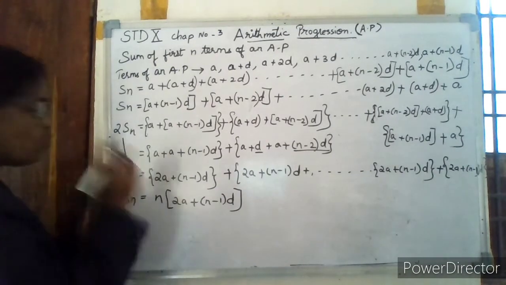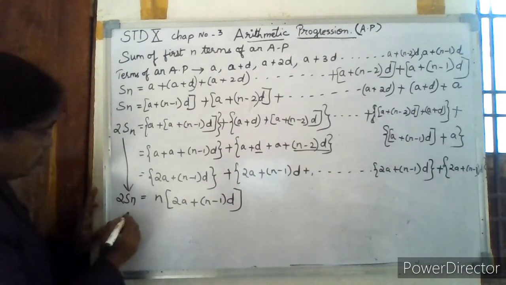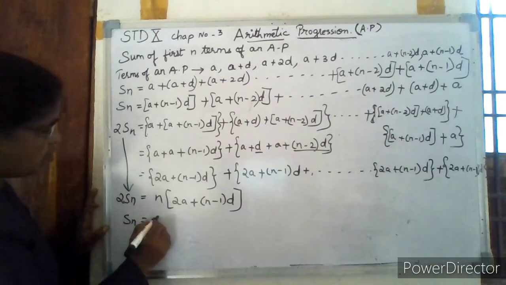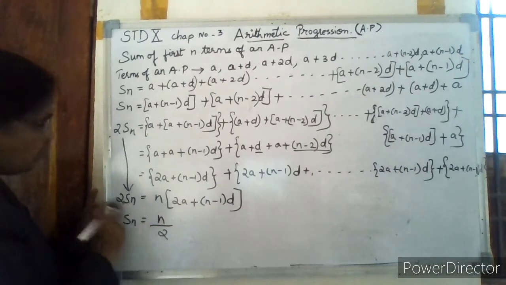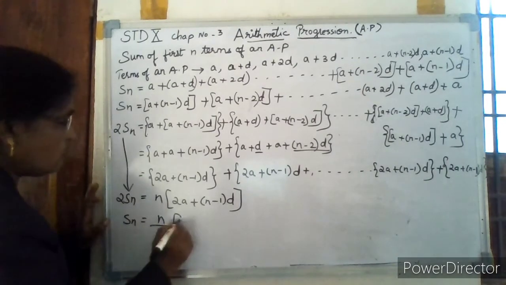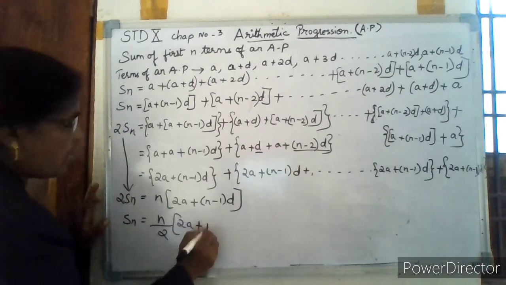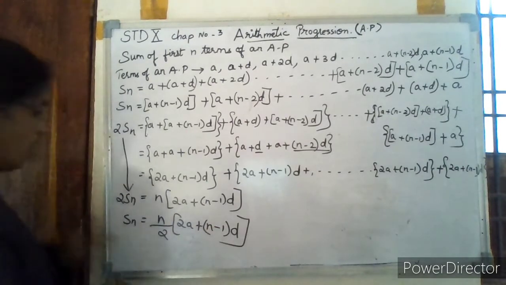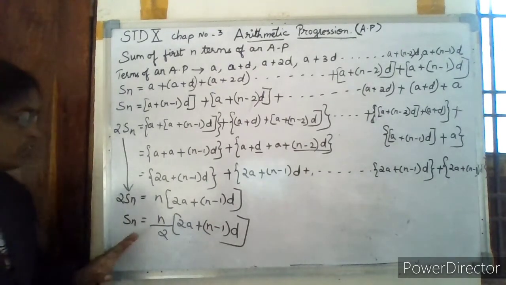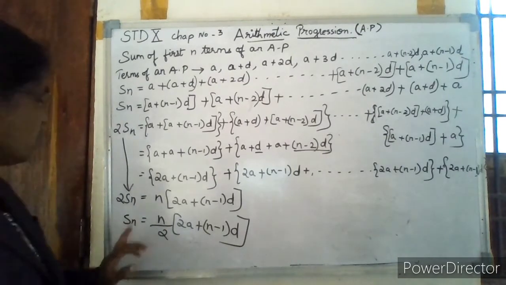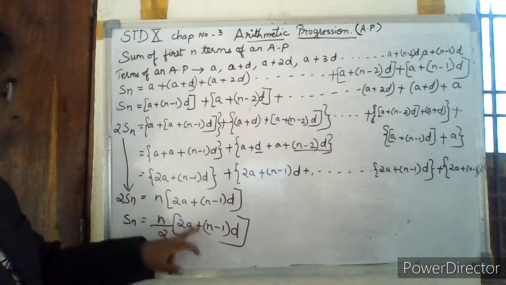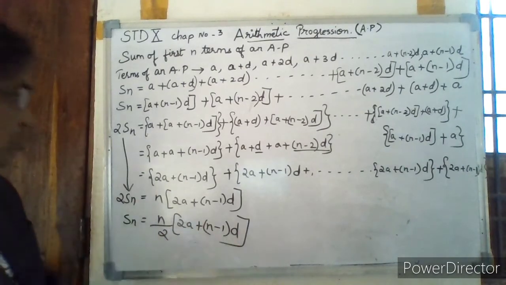So the sum of n terms is equal to n by 2 into 2a plus n minus 1 into d. So therefore we got the formula: sum of n terms is equal to n by 2 into 2a plus n minus 1 into d. This is the formula we have to use.